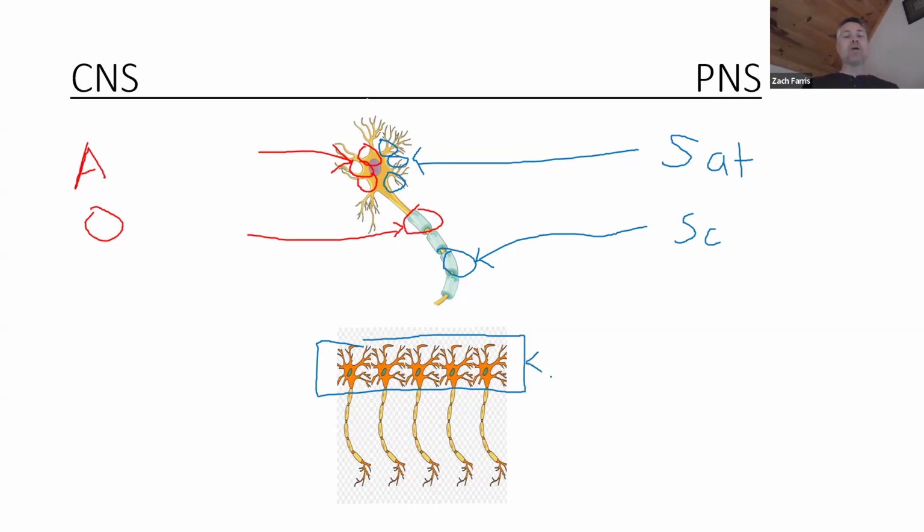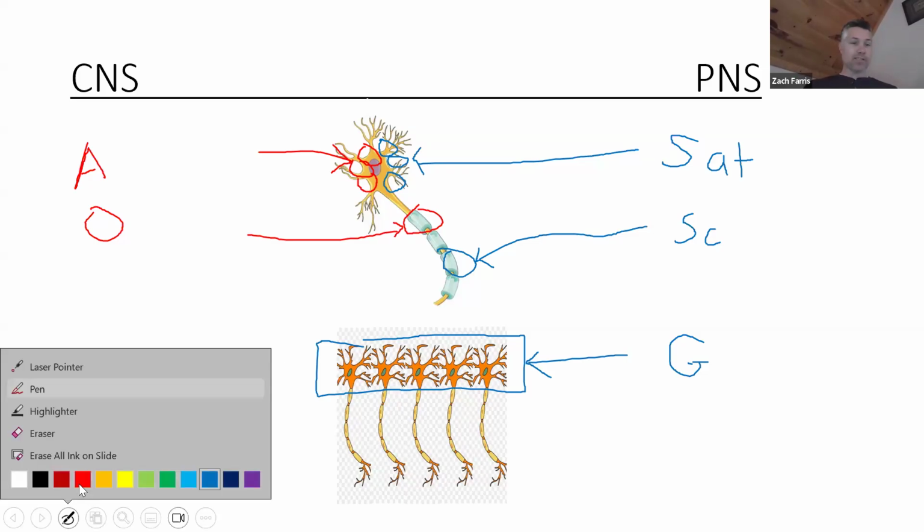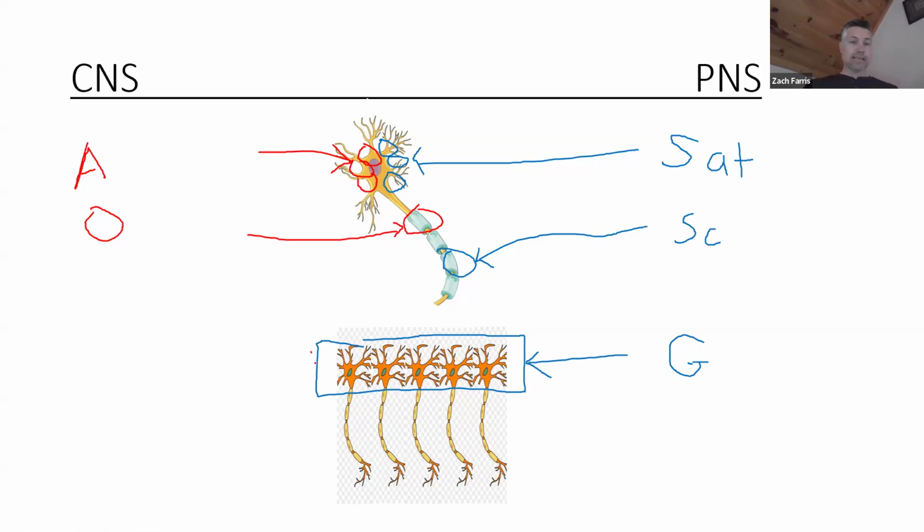If we bundle up not one cell body, but many, many neuron cell bodies, those are going to be called ganglia in the PNS, right? That's a G. But if that big bundle of neuron cell bodies exists in the CNS, those are going to be called nuclei. Just go back if you want the rest of that, right?